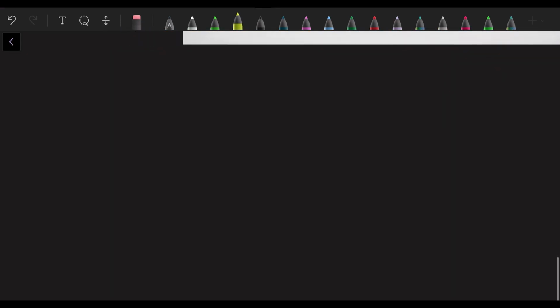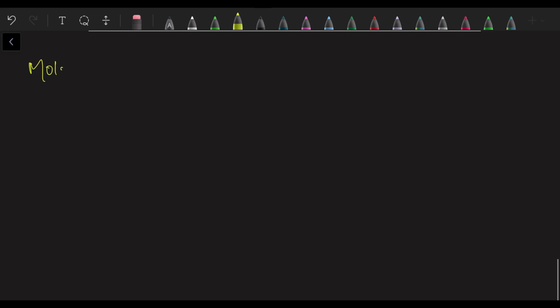Whenever it comes to the topic mole concept, everyone gets confused. What do you mean by mole concept? Let me define first. Mole concept is nothing but we'll discuss with respect to 1 mole. What do you mean by 1 mole?